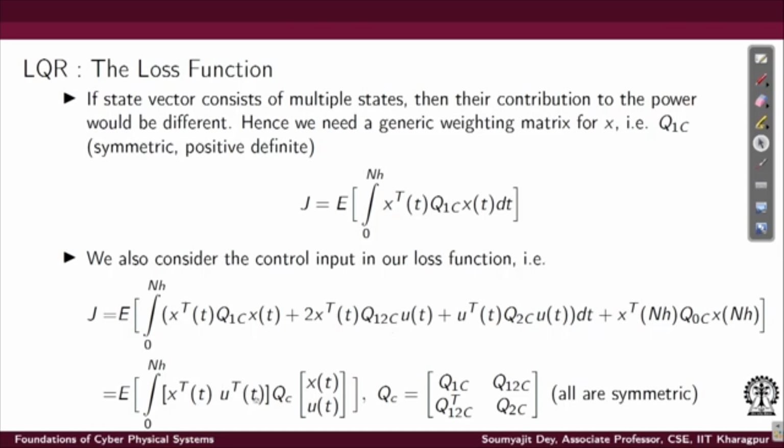So, x transpose, u transpose here and x, u here, like that. And not only that, we are writing it in a nice manner. We are trying to capture all these four terms together using Q_c, which should be this. All of these individual coefficients are symmetric, and Q_c is the weight matrix. So, all we are doing is writing this expression together in this nice form here.